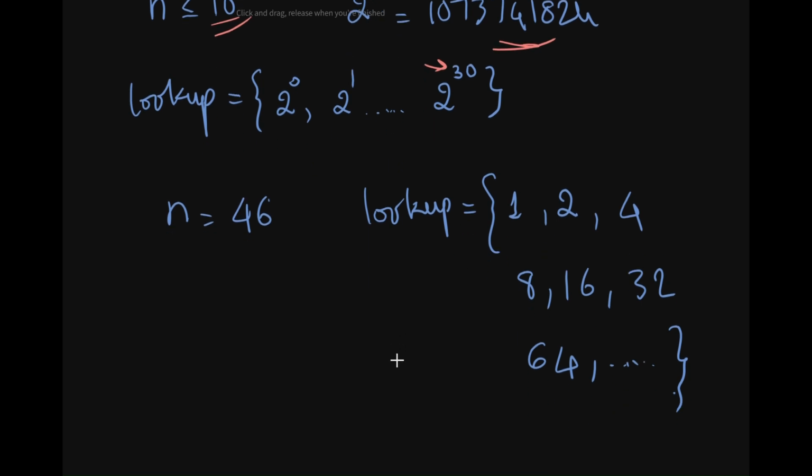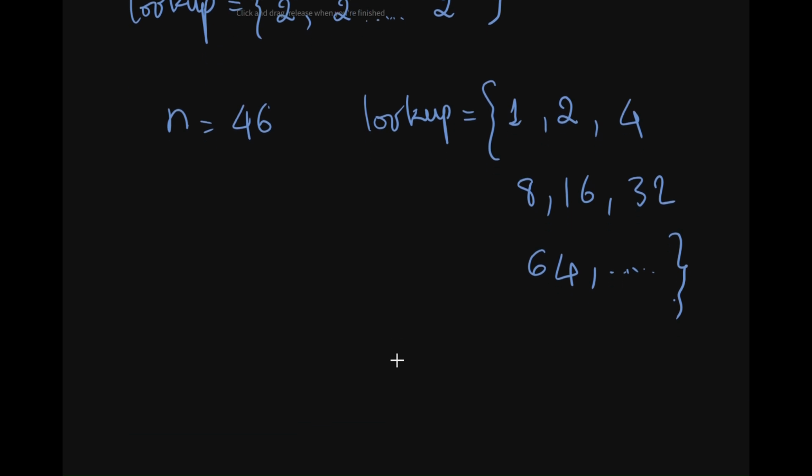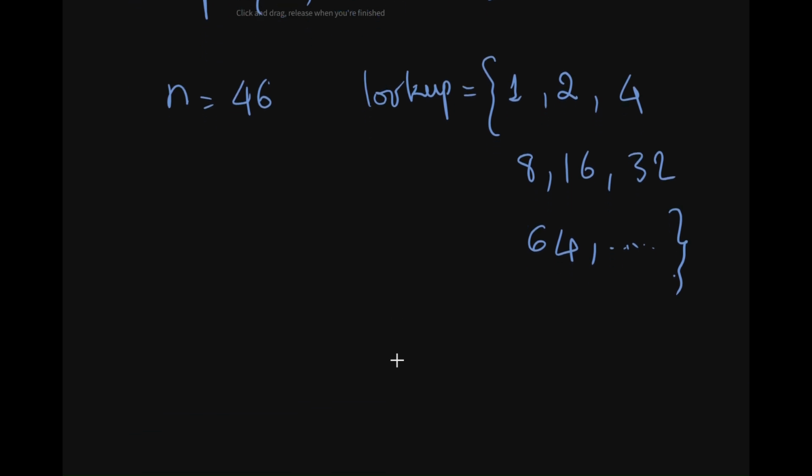So how do we do that? Let's have a look at this example where the input n is 46 again. Before we check if this n can be a representation of power of 2, we create this lookup, and our lookup will look something like this. We have 1. No, n does not exist in this lookup.